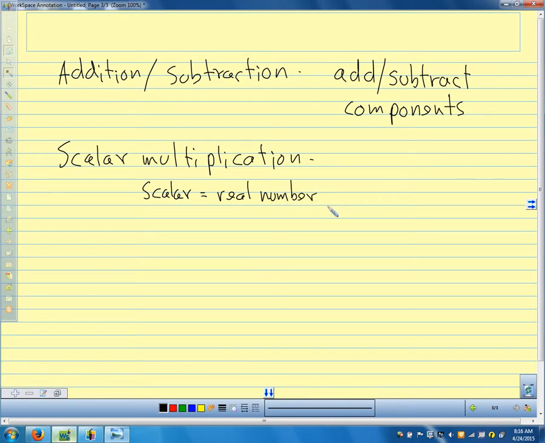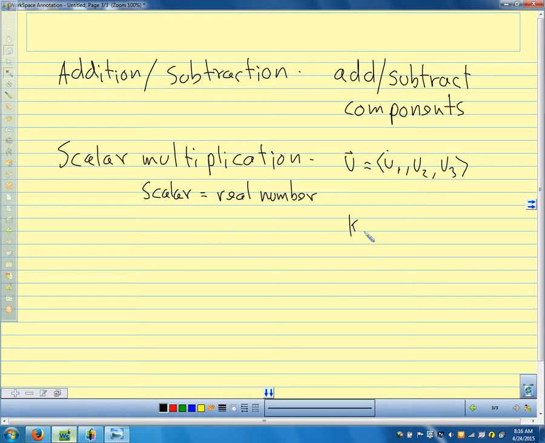So we say scalar, so we know that's not a vector. So let's say u equals the vector in component form, u1, u2, u3, and we want to multiply by a scalar, so ku.